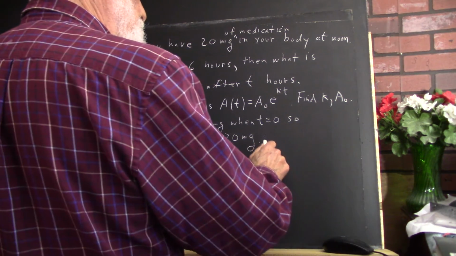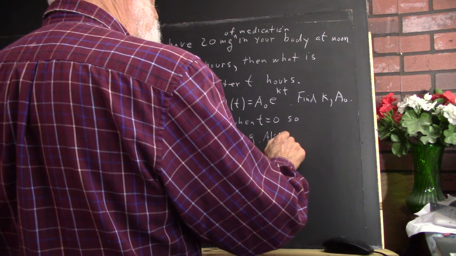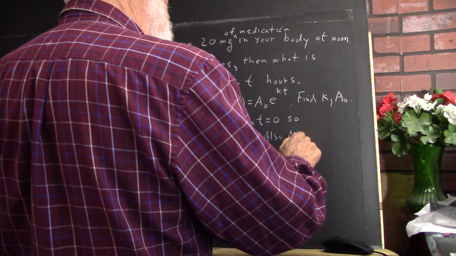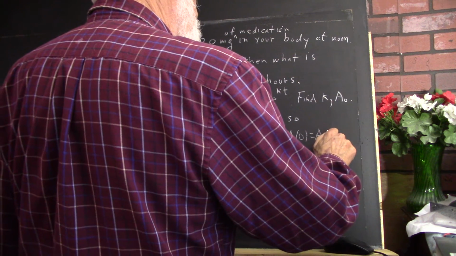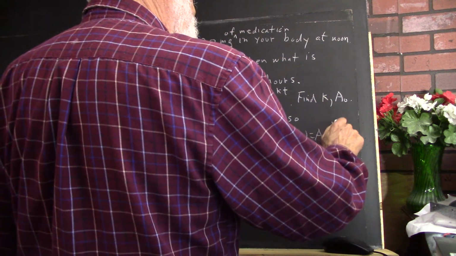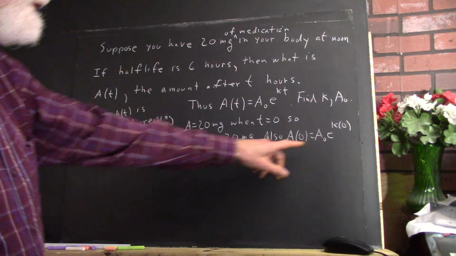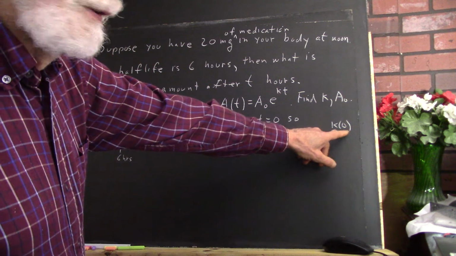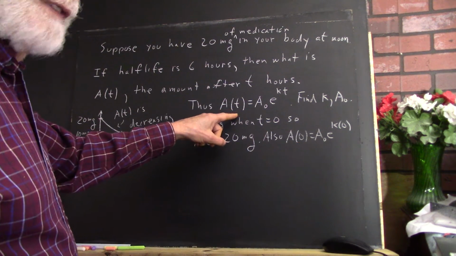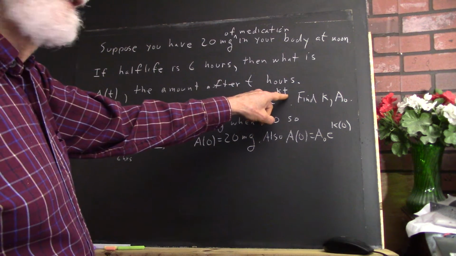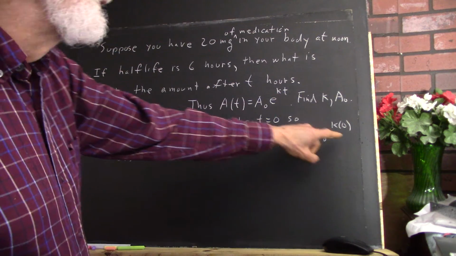Also, A of 0 equals A sub 0 e to the k times 0, because A of t equals A0 e to the kt, so A of 0 equals A0 e to the k times 0.